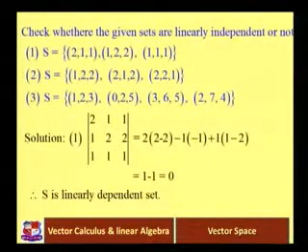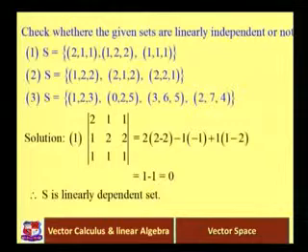So this set contains 3 vectors of R3. So using the previous statement, you can check the determinant to check linearly independent or not. Here to solve the first example, we check the determinant 2 1 1, 1 2 2, 1 1 1. The first row is 2 1 1 from the first vector, the second row is the second vector 1 2 2, and the third row is the third vector 1 1 1.